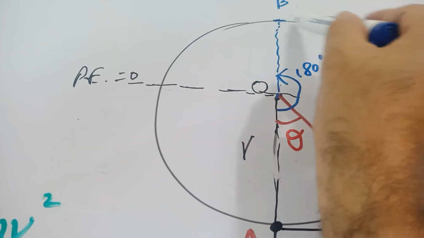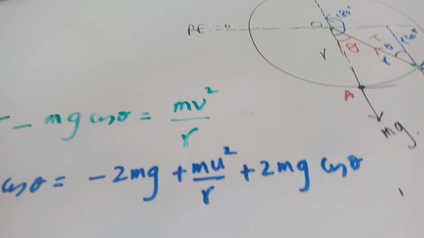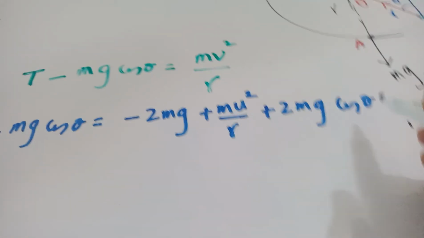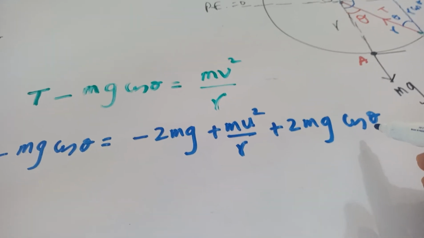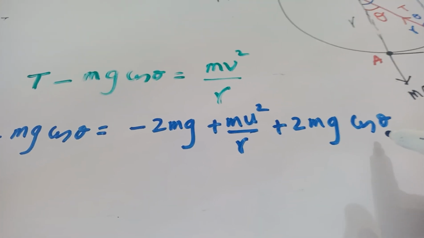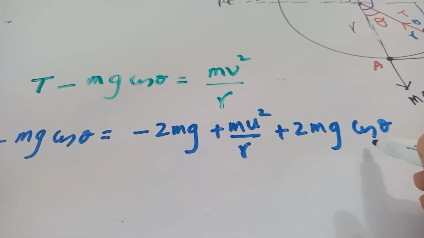If it is more than zero, only then this will keep on moving like this. So I am going to put theta as 180 degrees over here. When I put theta as 180, you must remember that cos 180 is minus 1.